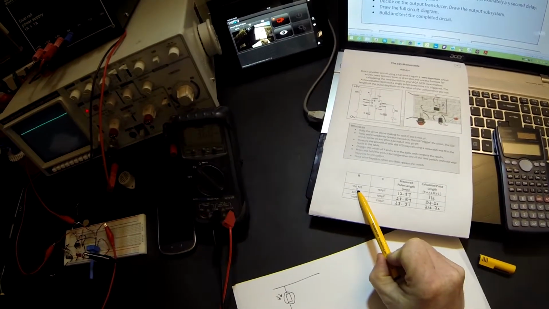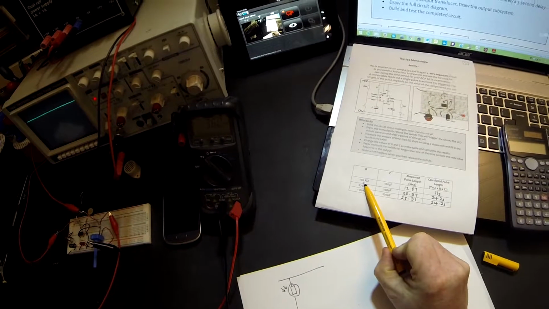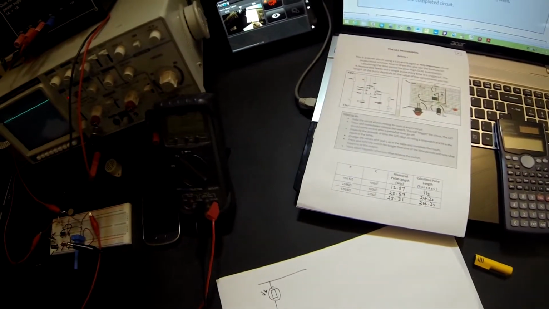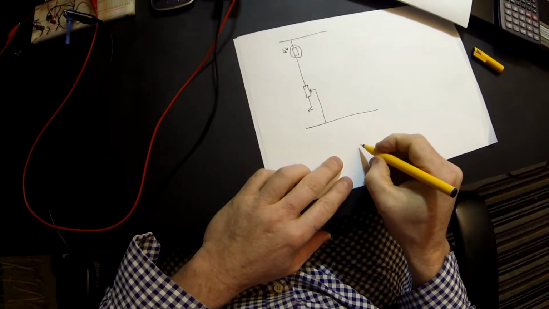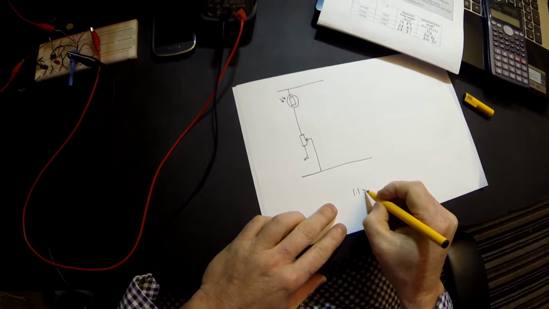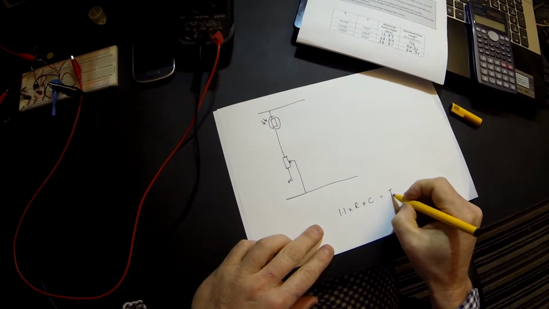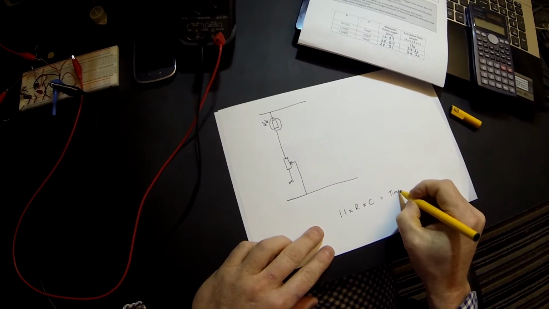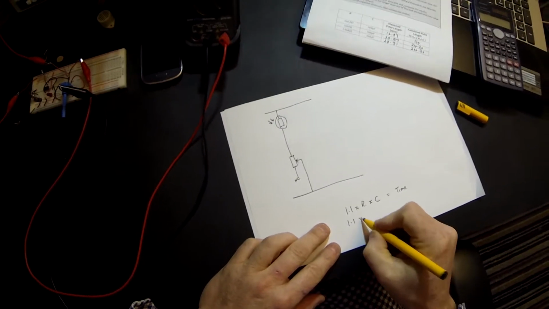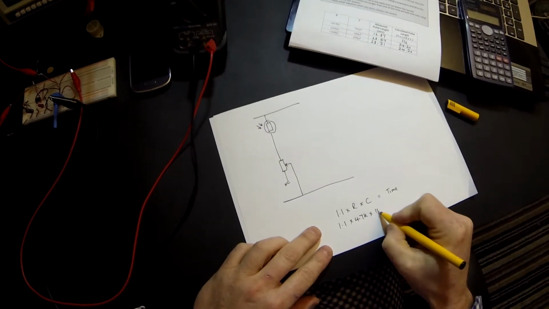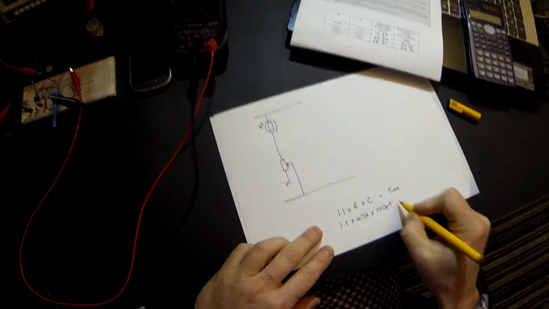and we'll halve that to 50k, except 50k is not a preferred value. The closest we can get to is 47k. So we know that 1.1 times R times C equals our time. So 1.1, and we're saying 47k times C, which was our 100 microfarad capacitor.